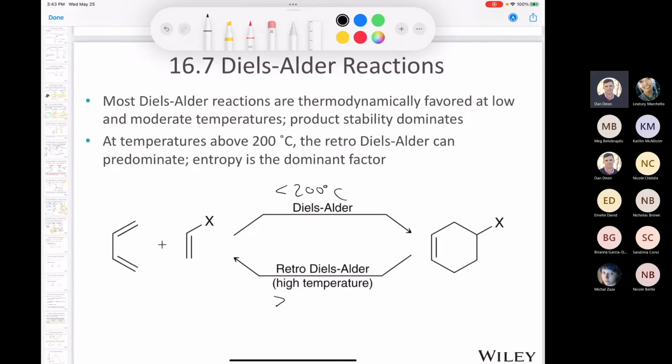If you do the reaction at a temperature usually greater than 200 degrees Celsius, and this is approximate, even if you were to form some of the product, it just goes right back to giving you the starting materials again. So you've got to be very careful with the temperature because you end up breaking this apart and just reforming the diene.